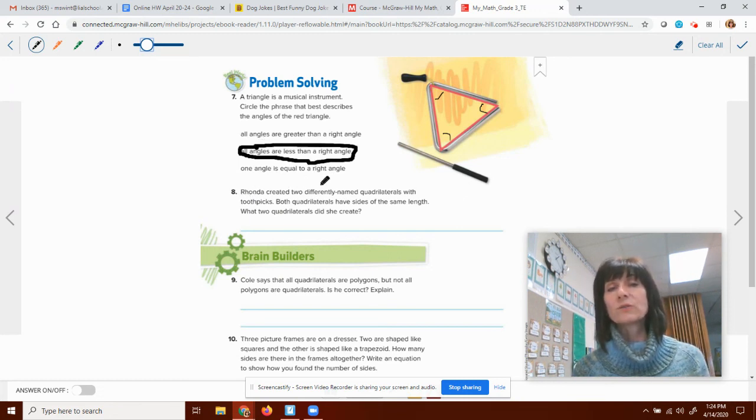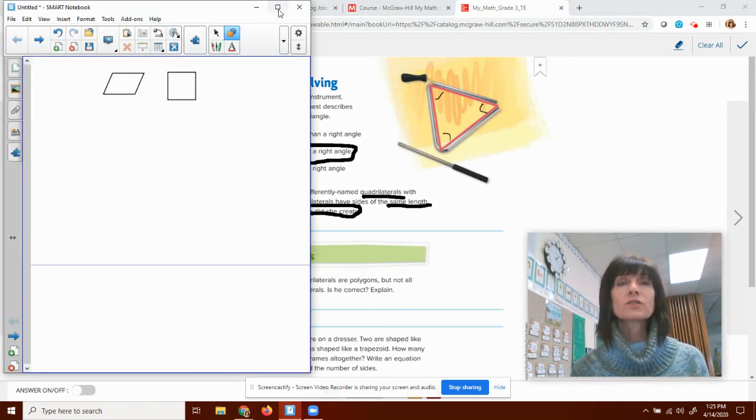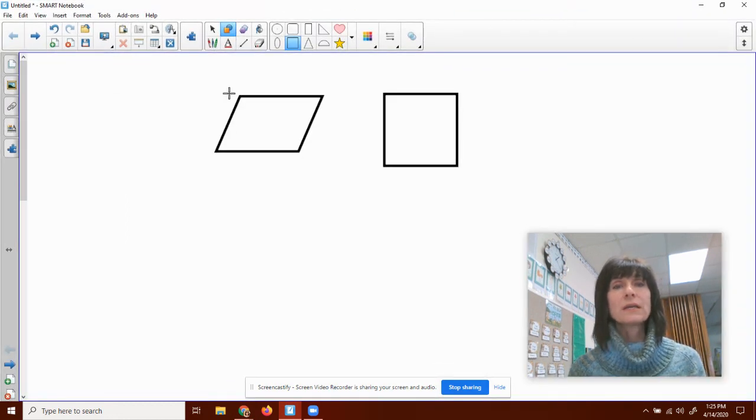Rhonda created two differently named quadrilaterals with toothpicks. Both quadrilaterals have sides of the same length. So that's important. And the question they're asking is, what two quadrilaterals did she create? We're going to use our smart board on this one, and we're going to show what she created. So she had her four toothpicks, and she created these two shapes. They're both quadrilaterals.